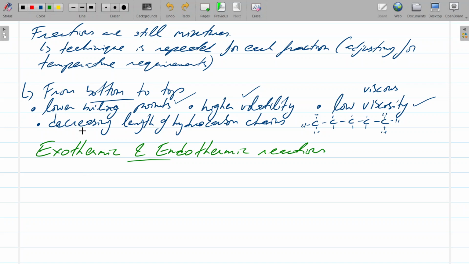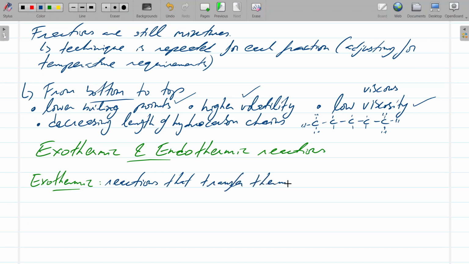So, an exothermic reaction, by definition, transfers thermal energy to its surroundings. Oh, the example can be like freezing.